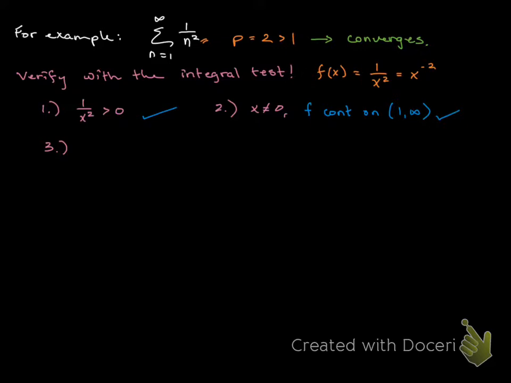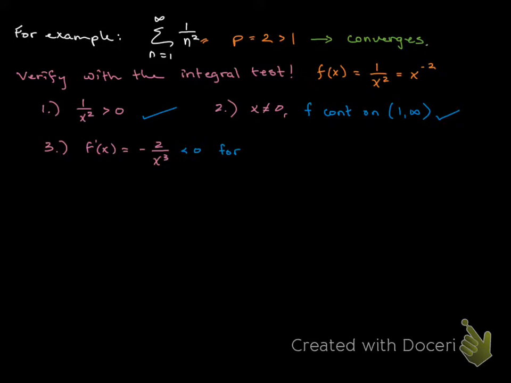The third is whether it's decreasing, and for that I look at the derivative. I take f prime. The derivative of f, which is 1 over x squared, should be minus 2 over x cubed. Okay? Is that negative? Yes, it is. There's a negative out front as long as x is positive, right?